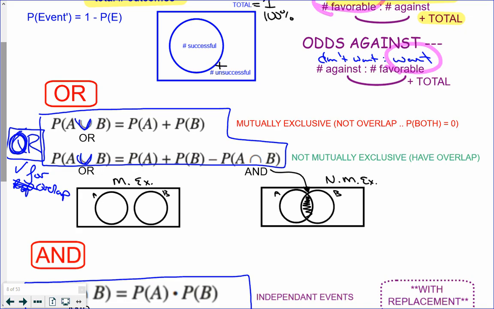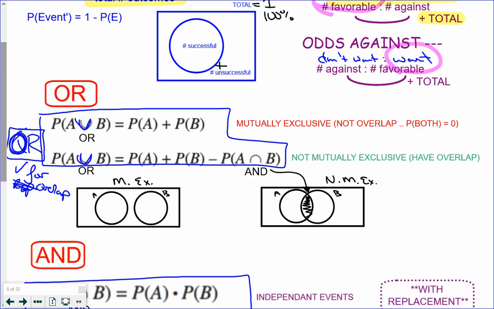So if your question says, determine the probability of this or this, or means add. So this formula and this formula are the same, except this one is the overlap. So when you get a question saying, what's the probability of going on a walk or going shopping?